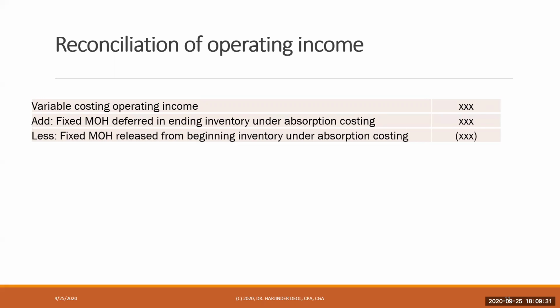And so that will have resulted in an additional expense booked on the income statement under absorption costing. So basically, two adjustments to variable costing: add fixed manufacturing overhead in the ending inventory, subtract fixed manufacturing overhead in the beginning inventory, and that gives us absorption costing operating income.